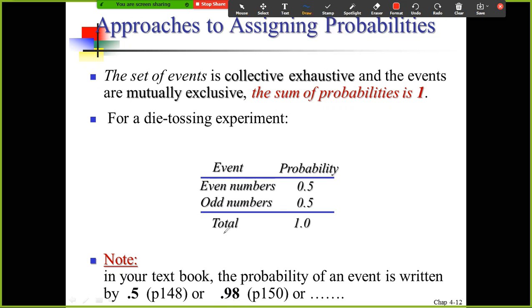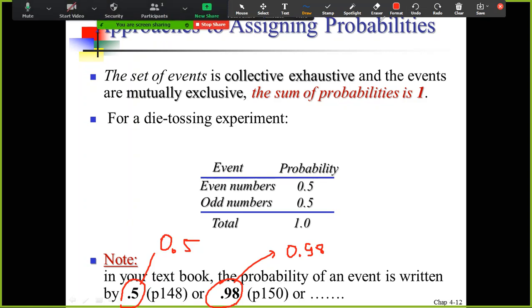International readings state 0.5, but actually it is 0.98. In order to make it easy for understanding, for international standard, we just say 0.5, we just say 0.98. So when you read your textbook, don't be confused by this number.